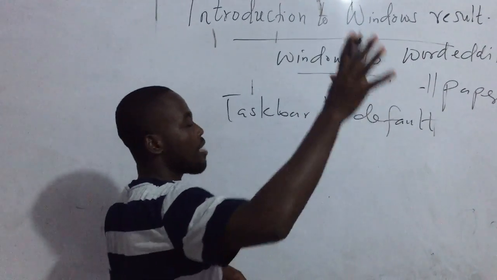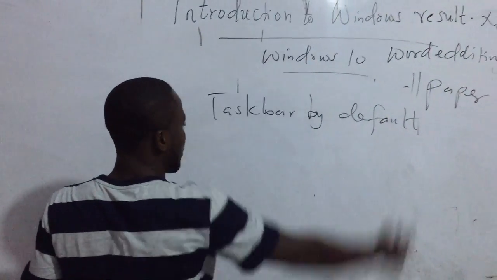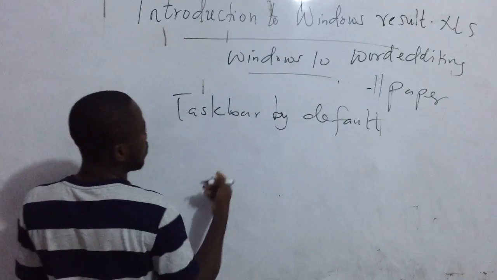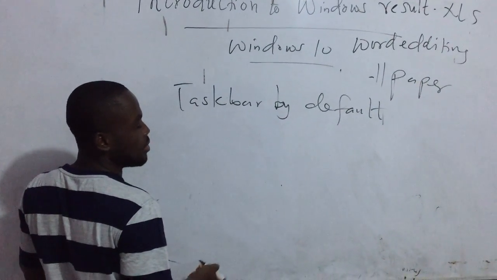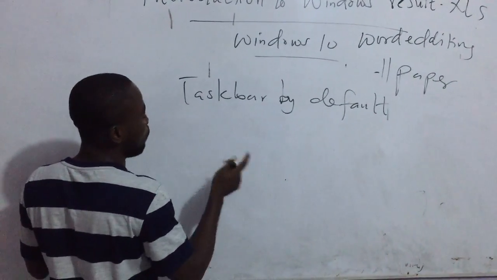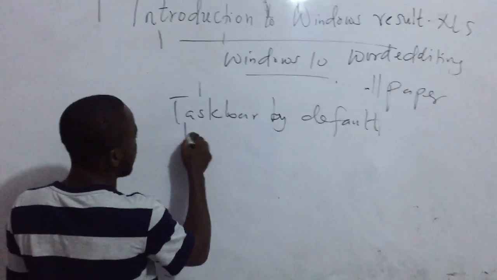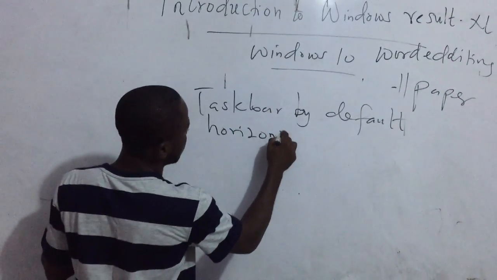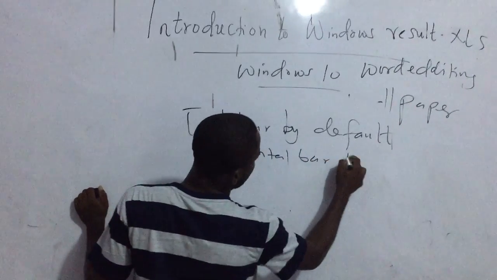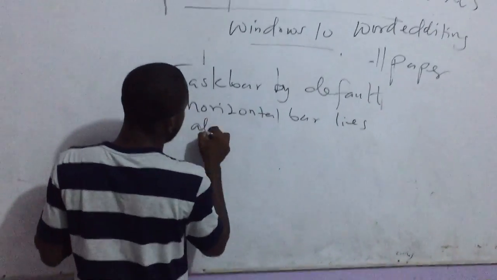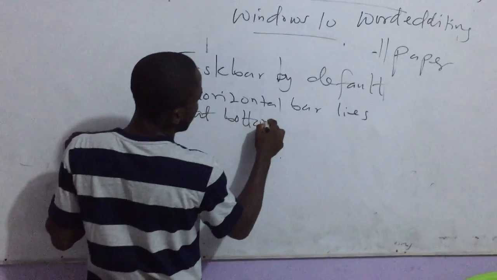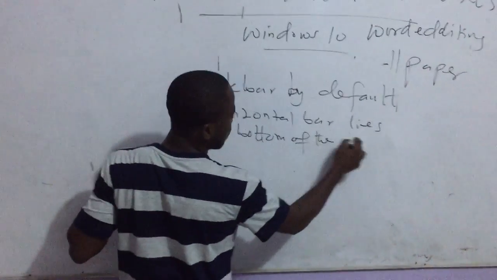Someone can bring his taskbar to the top, right, vertical. But by default, it's a horizontal bar that lies at the bottom of the desktop.